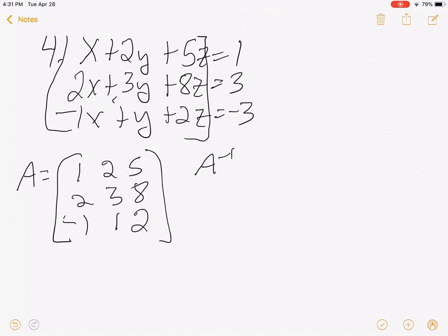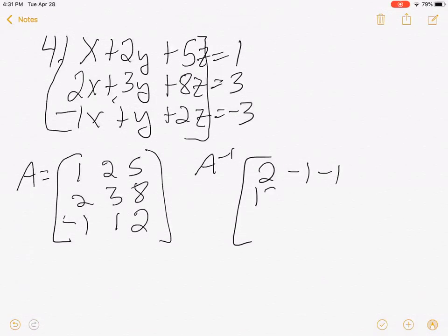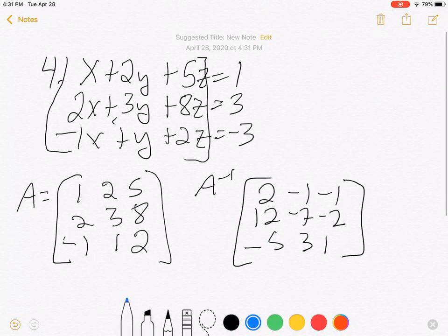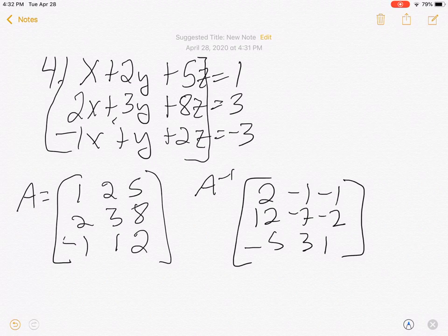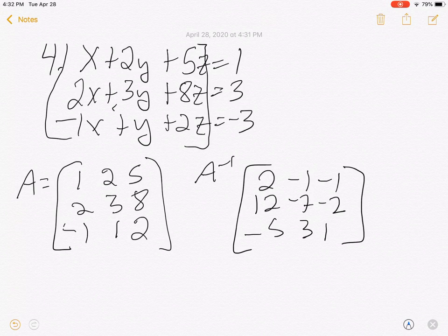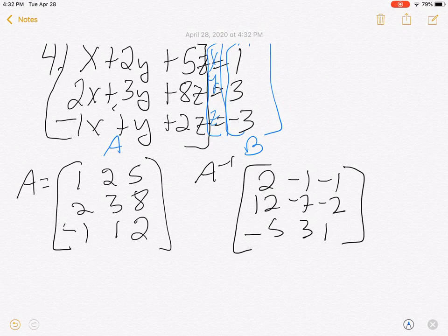They say the inverse is 2, negative 1, negative 1, 12, negative 7, negative 2, negative 5, 3, 1. That is awesome because, now watch this. In other words, this is A. This one over here we could call B. And then the variable matrix, which we could call X, Y, and Z if we were to write it in.